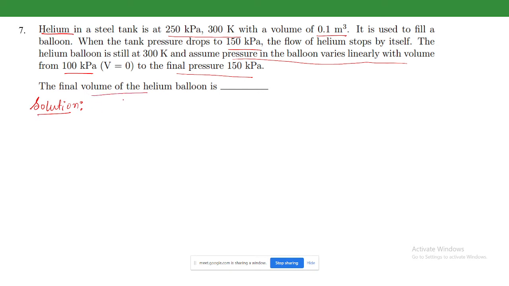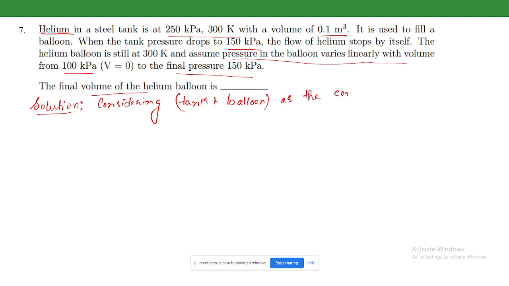Now, for this we are considering both the helium, the tank plus balloon, as the control volume.